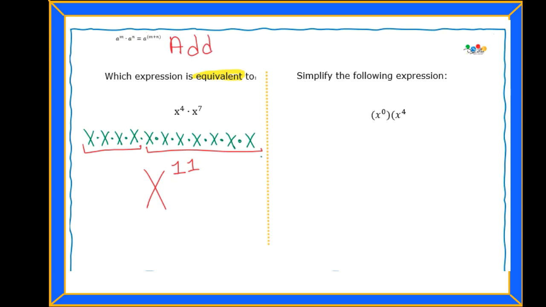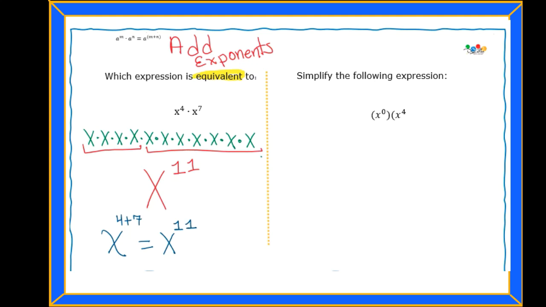Add the exponents. Very good. So in this case, I'm going to rewrite it down here. It has the same base, so the 4 will be added to the 7. And that's how I get x to the 11th power. Very good.